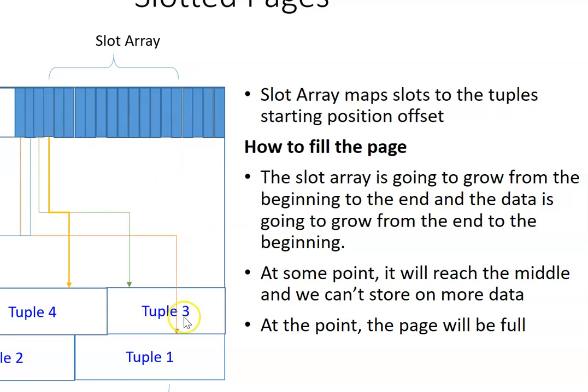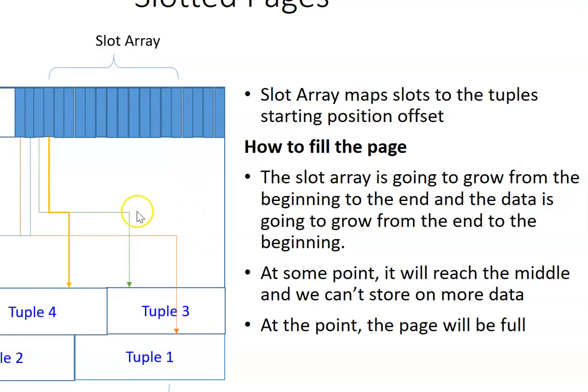And the data is growing. The tables that we are adding to the page grow from the end to the beginning, so we start from this side going this side, whereas the slots start from the beginning up to the end.